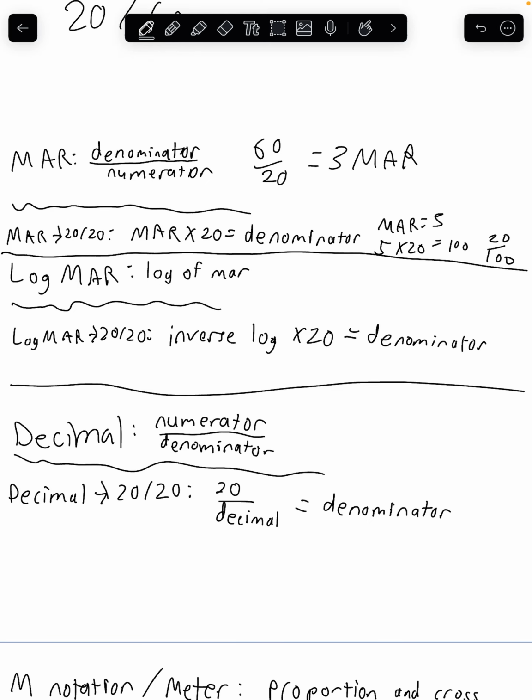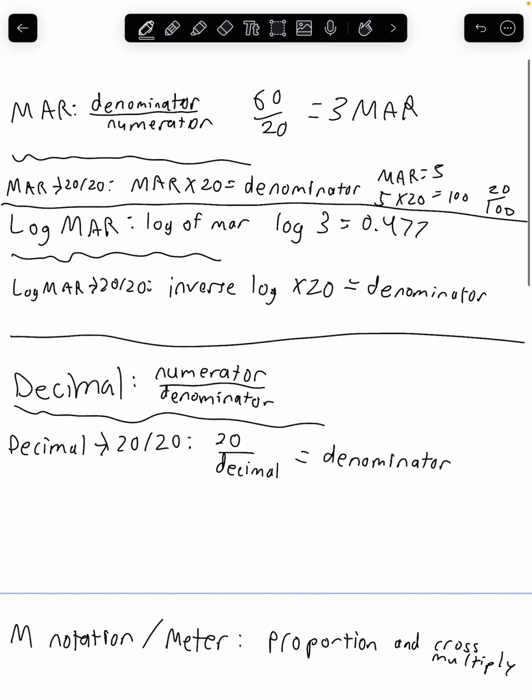To get logMAR, you just take the log of the MAR. So again, we have 3 as the MAR from 20/60. So log 3 equals, I think 0.477, something like that. And to go from logMAR back to 20/20, you take the inverse log and multiply that number by 20.